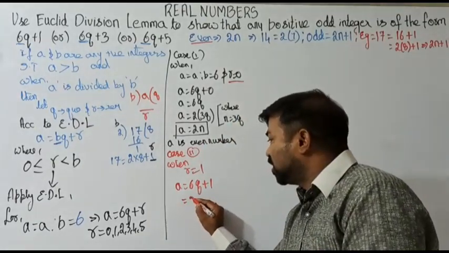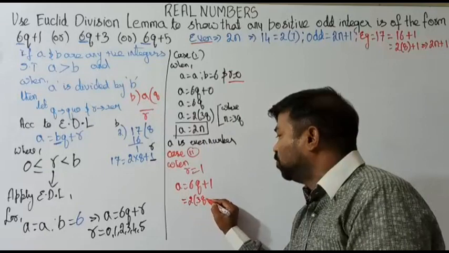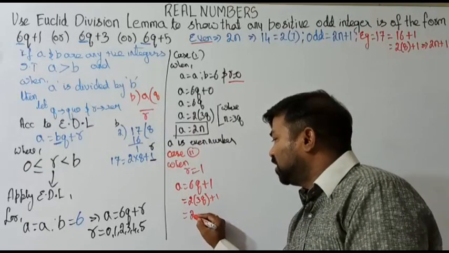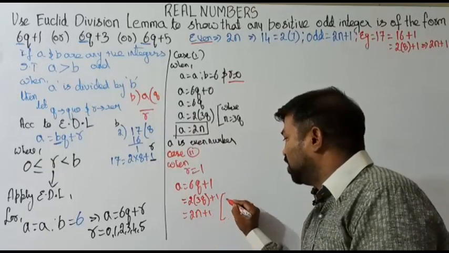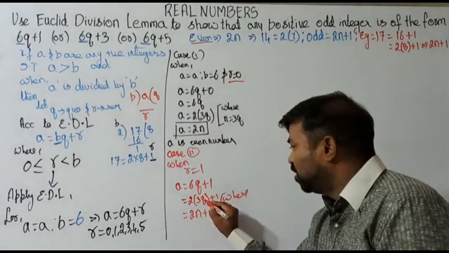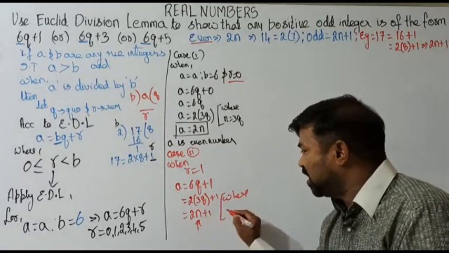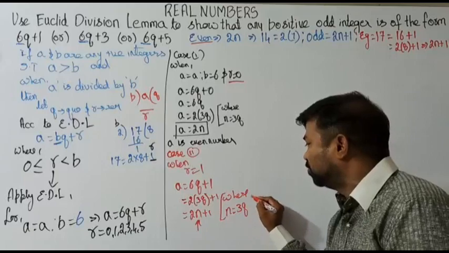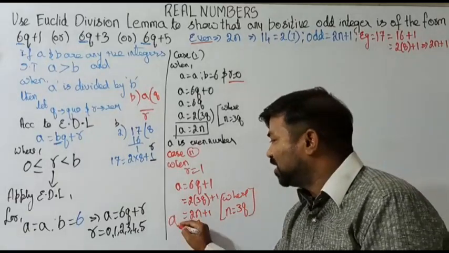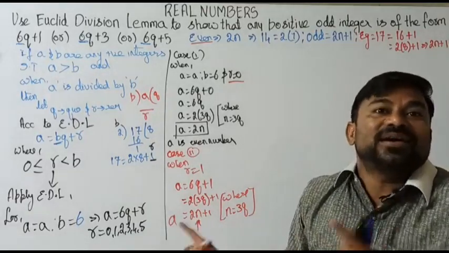I am converting. Can I write it as 2 into 3q plus 1? Can I write it as 2n plus 1, where n is equal to 3q? Now, is it looking in the form of an odd number? Yes.